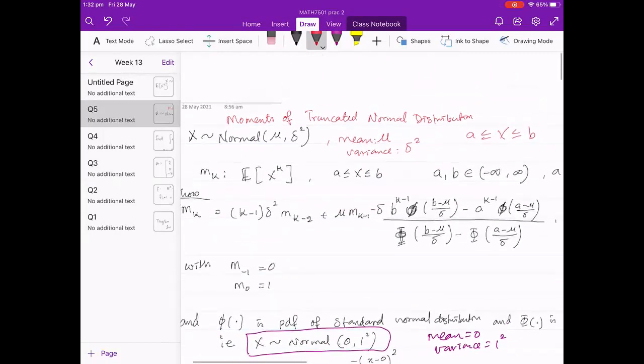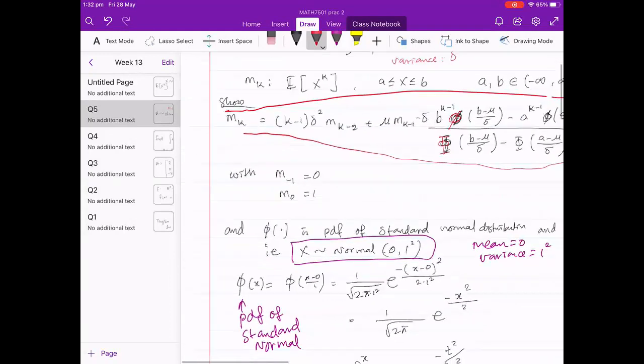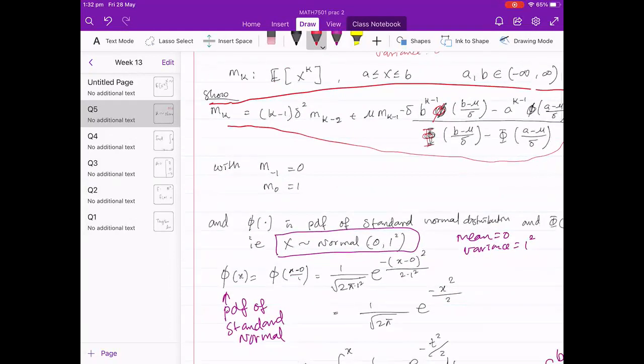And then you are asked to show that m_k is (k minus 1) sigma squared m_{k-2} plus m_{k-1} minus sigma times a term, where this function is the PDF of the standard normal, and this is the CDF of the standard normal, with m_{-1} equal to 0 and m_0 equal to 1.